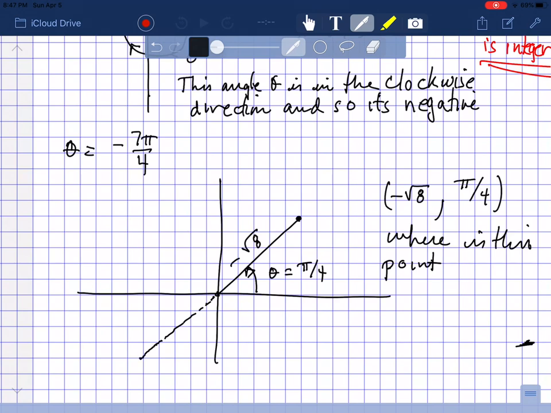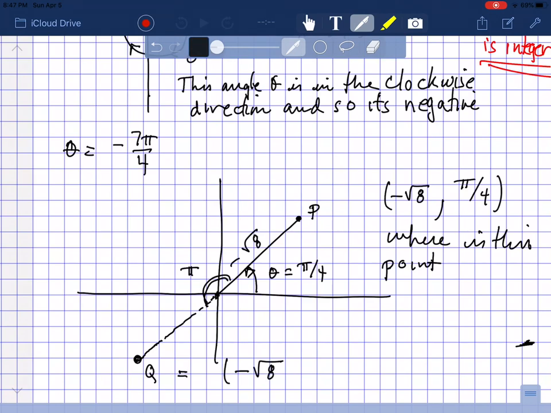Well, what we're going to do is define this point to be this point down here. So this is the image of the point P about the origin. So here's Q. So this angle in here is just pi.